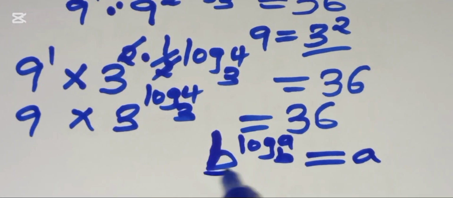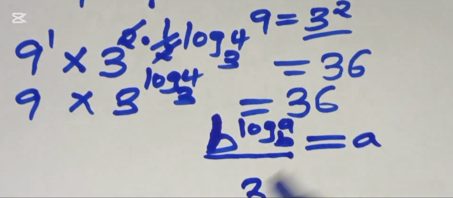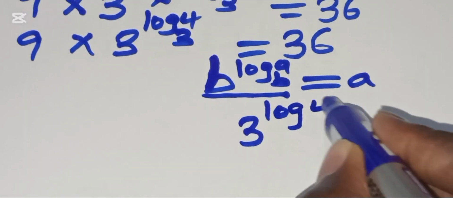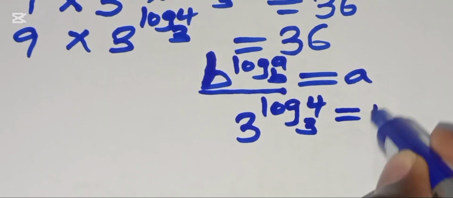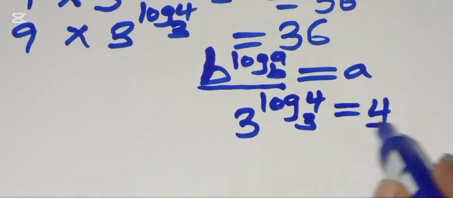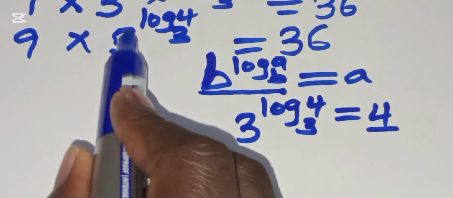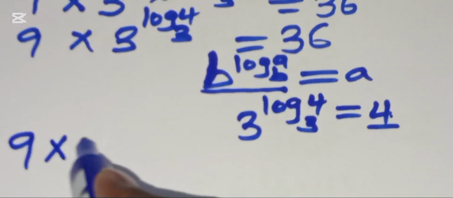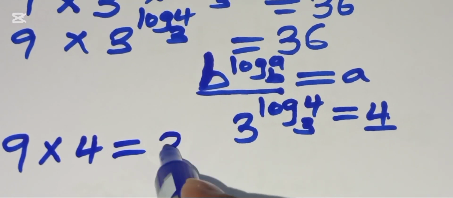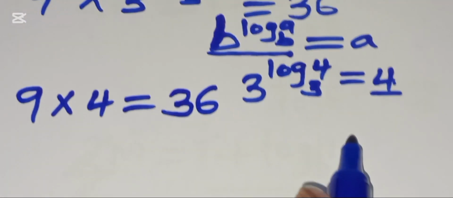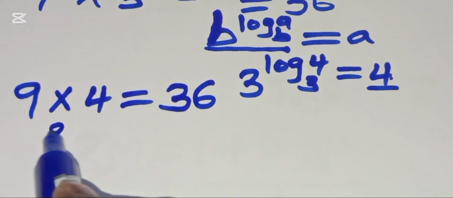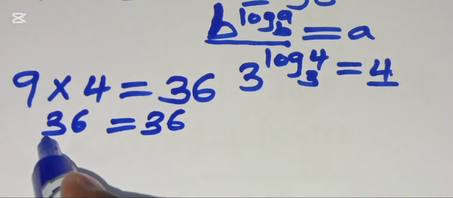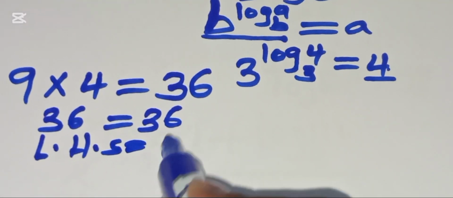So applying this property, 3 raised to power log 4 to base 3 is supposed to give us a value of 4. So let's substitute this 4 back into the equation so that we're going to have 9 times 4, which is equal to 36. And it's true that 9 times 4 is equal to 36, so the left-hand side is equal to the right-hand side.